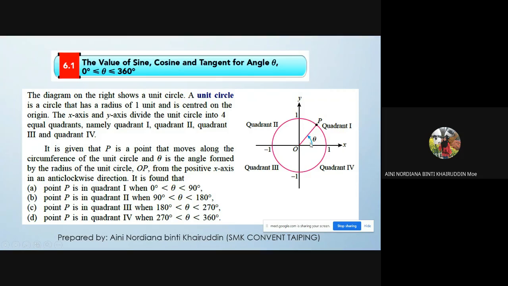So angle tu inilah. Point P is in quadrant 1 when theta is greater than 0, less than 90. Kalau point P at quadrant 2, this is the angle between 90 to 180. Ini simple lah. If point P at quadrant 3, the value of theta is between 180 and 270, and point P in quadrant 4 between 270 to 360.